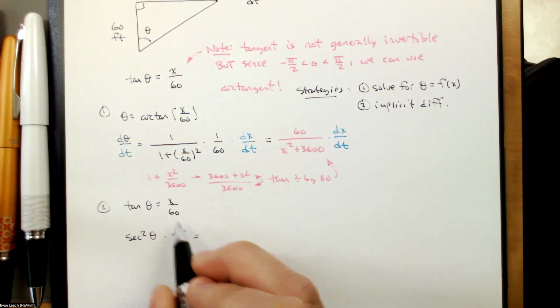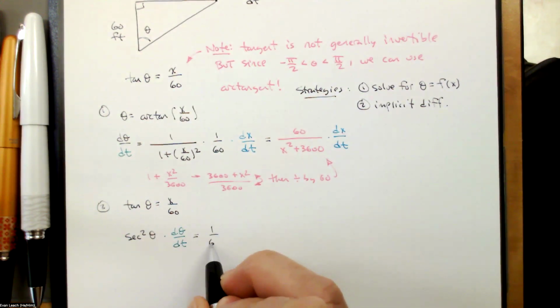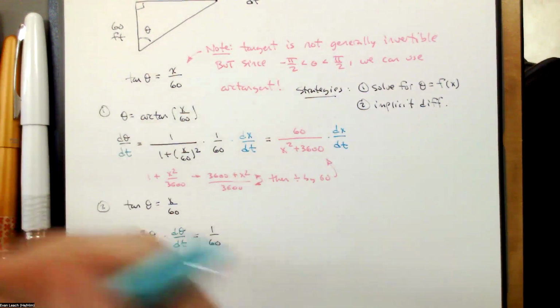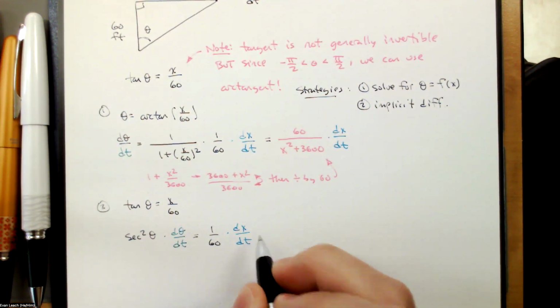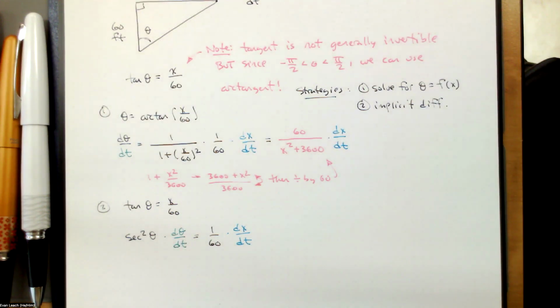The derivative of x over 60 is 1 over 60, but that's the derivative with respect to x. I would have to multiply by the derivative of x with respect to t. D theta dt is what we're looking for. Dx dt is the rate that we have.